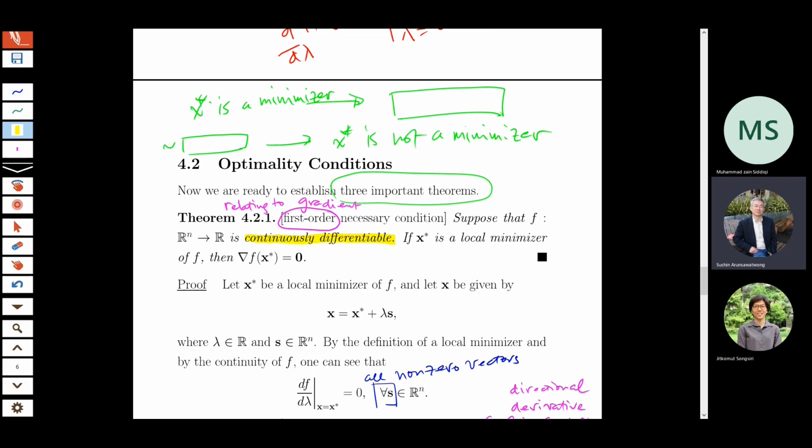We find all the x that satisfy grad f(x) equals 0, right? It may have many solutions, but if a local minimizer exists, then one of the solutions of the equation grad f(x) equal to 0 must be a local minimizer of the function f, right?